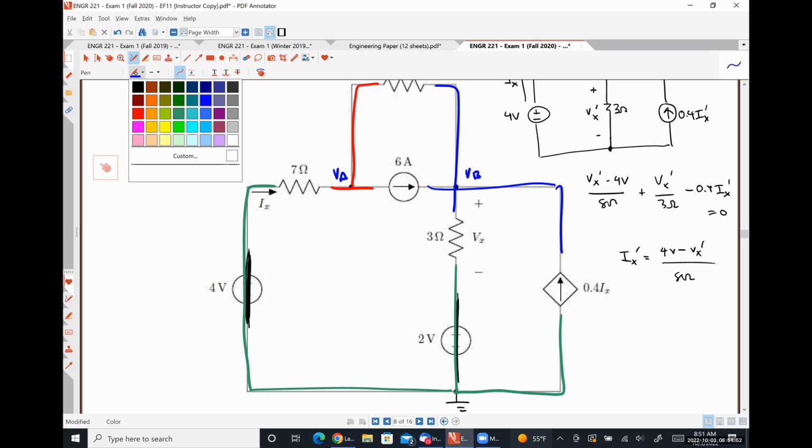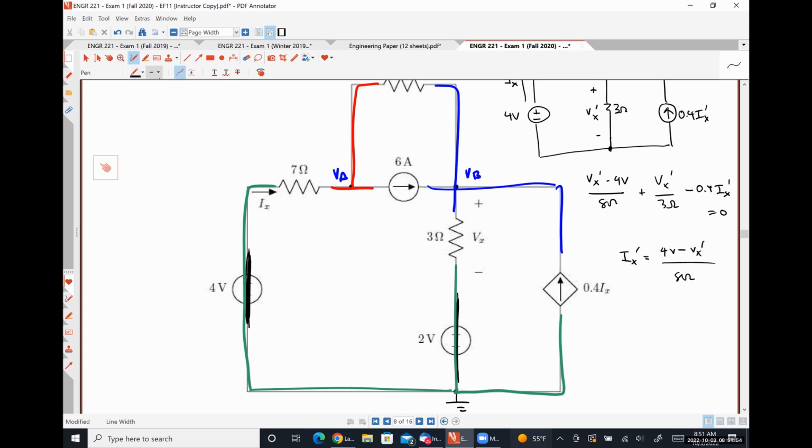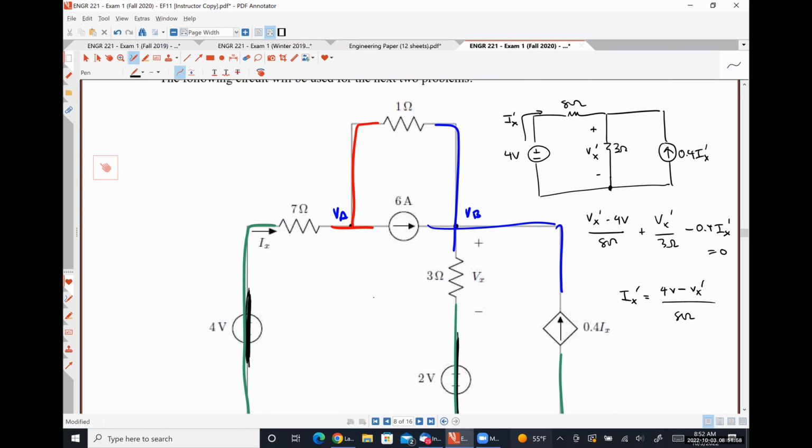So that's going to look like VA over 7 ohms plus VA minus VB over 1 ohm plus 6 amps is equal to 0.